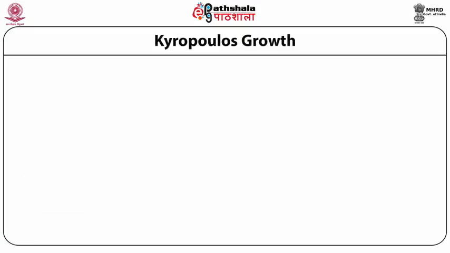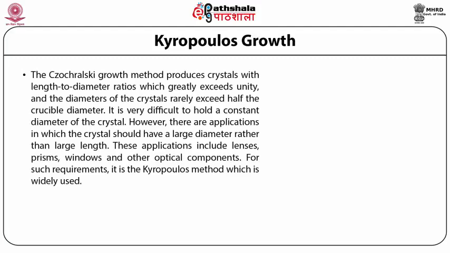Kyropoulos growth. The Czochralski growth method produces crystals with length to diameter ratios which greatly exceed unity, and the diameters of the crystals rarely exceed half the crucible diameter. It is very difficult to hold a constant diameter of the crystal.